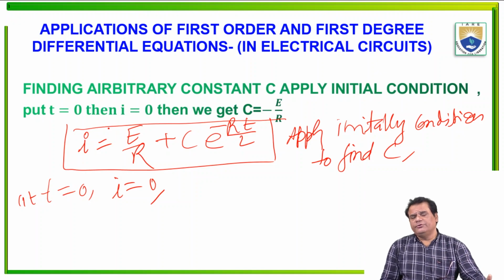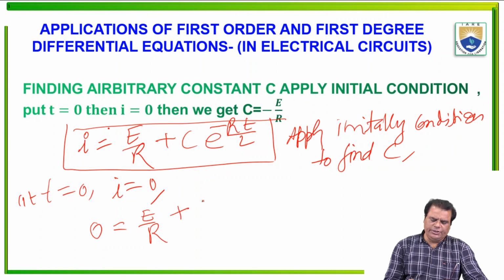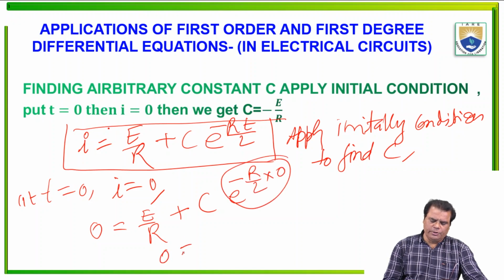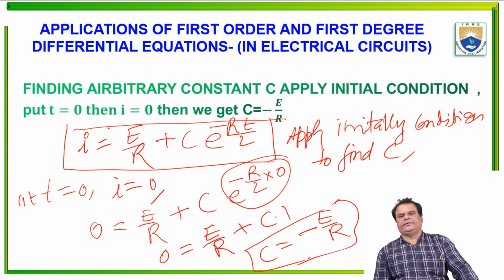If time is 0, then there is no current flow. So putting I and t both equal to 0 here: 0 equal to E by R plus C into 1, since e to the power 0 is 1. So C equal to minus E by R. This is the value of the arbitrary constant.